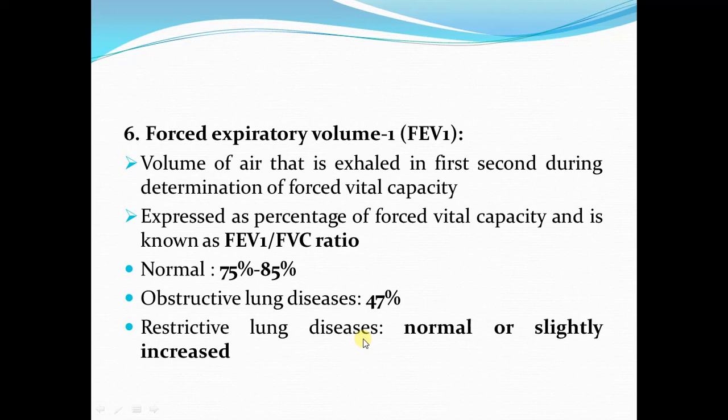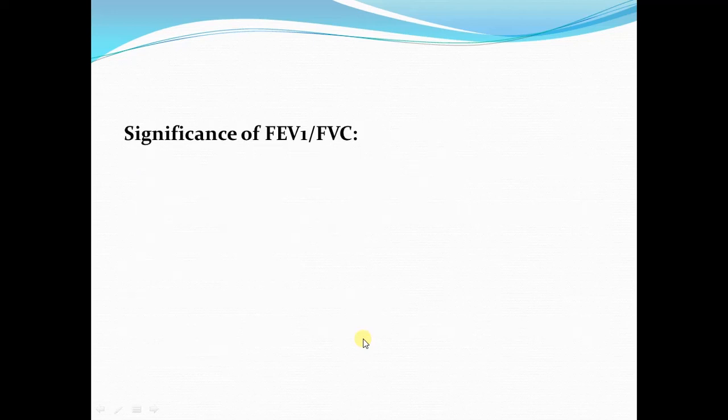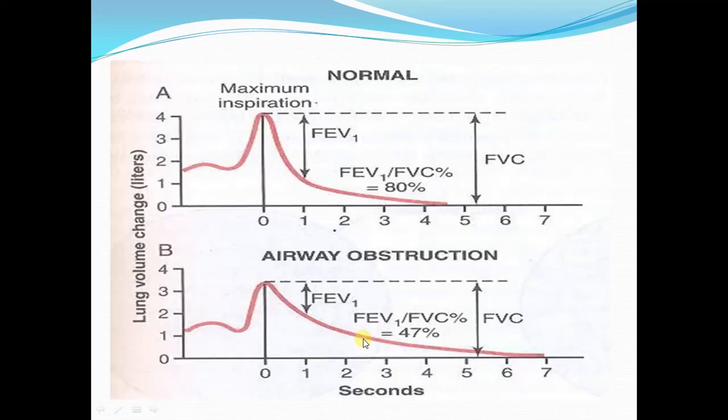Because of this, FEV1 to FVC ratio in obstructive lung diseases is markedly decreased. The significance of measuring FEV1 to FVC ratio is that it helps to differentiate between obstructive and restrictive lung diseases.